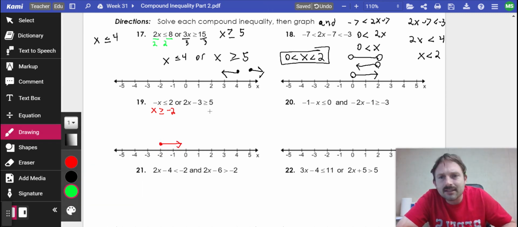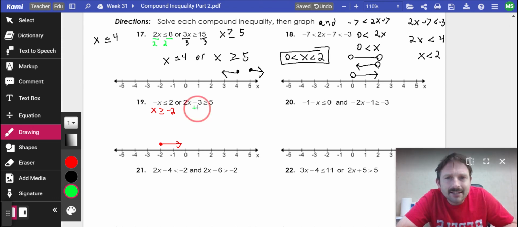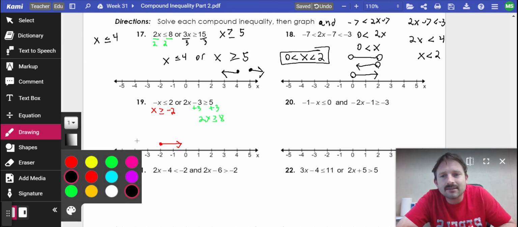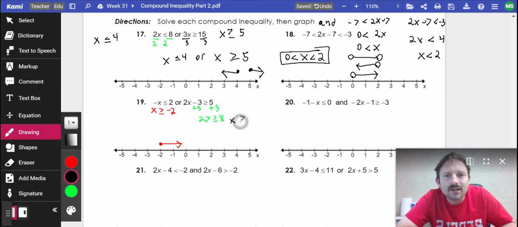Now, for this next one, I'm going to isolate for the variable. So I'm going to add and then I'm going to divide on both sides. I get 8. And then this is 2x. So if I divide by 2 on both sides, I would get x is greater than or equal to 4. So I would go right here, and it's going to be this way.